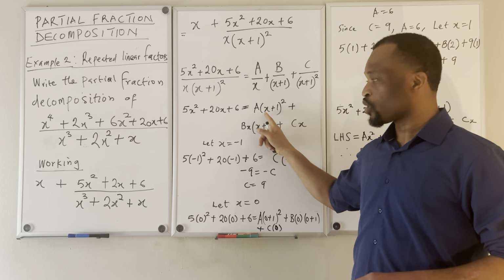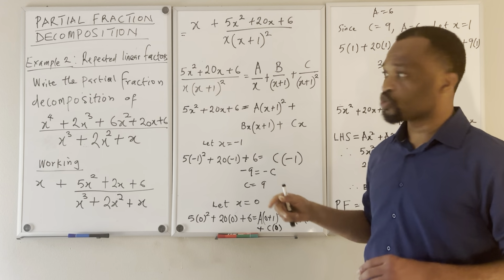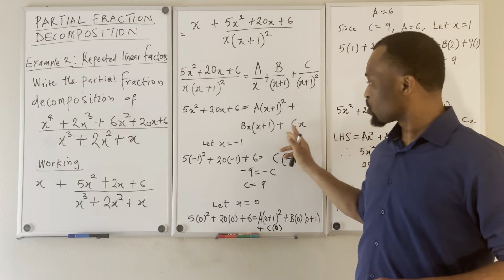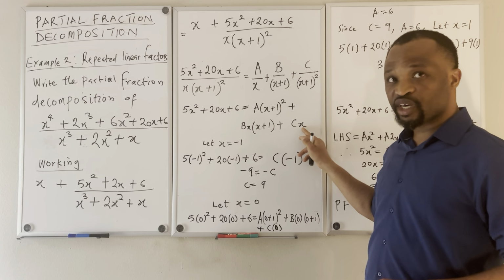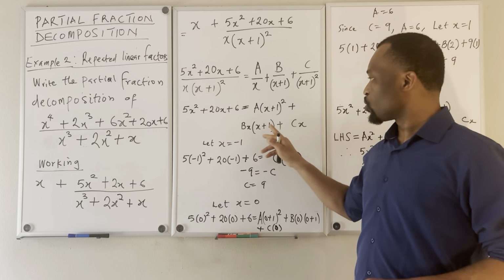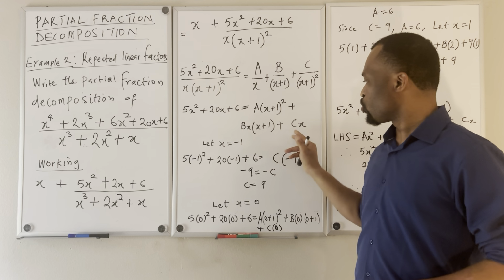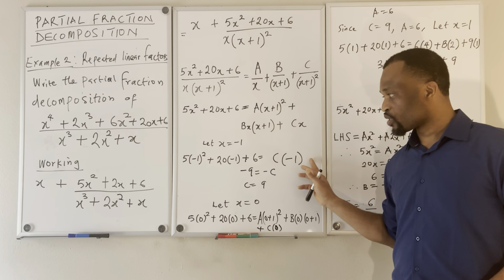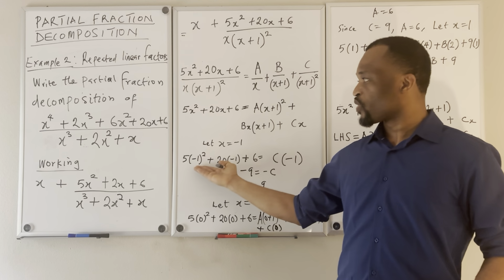When I put in x equals minus 1 here, I'll have minus 1 plus 1, and that will be 0. So multiply this by this will be 0, multiply this by this will be 0. I'm only left with what? When I put in x equals minus 1 here, I'll have minus c. So that x equals minus 1 kills this. I will only be left with c into brackets minus 1 on the right hand side.